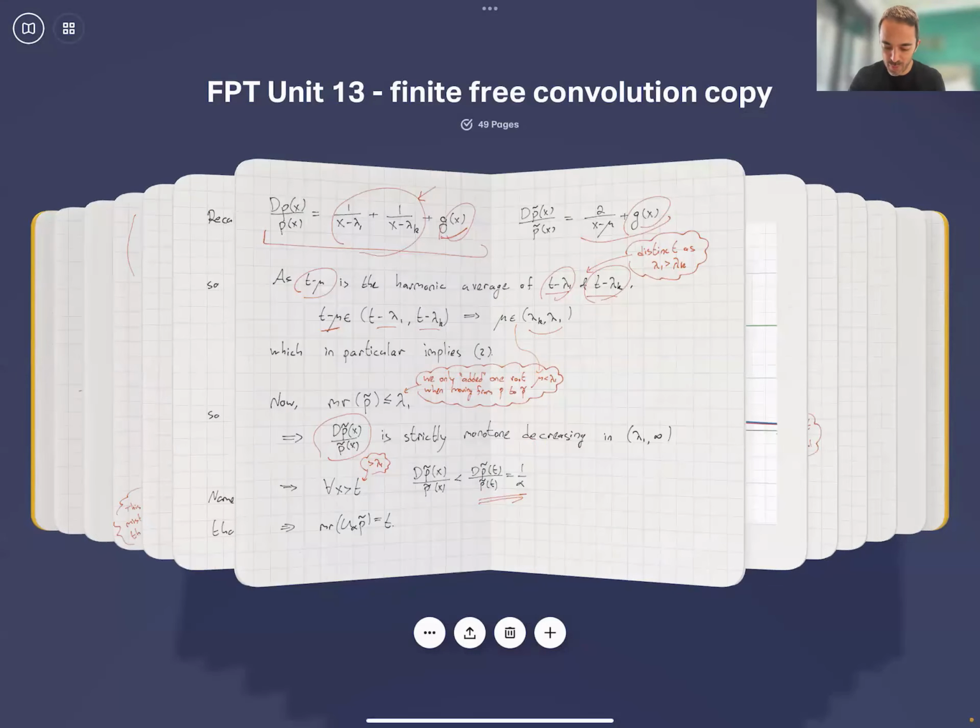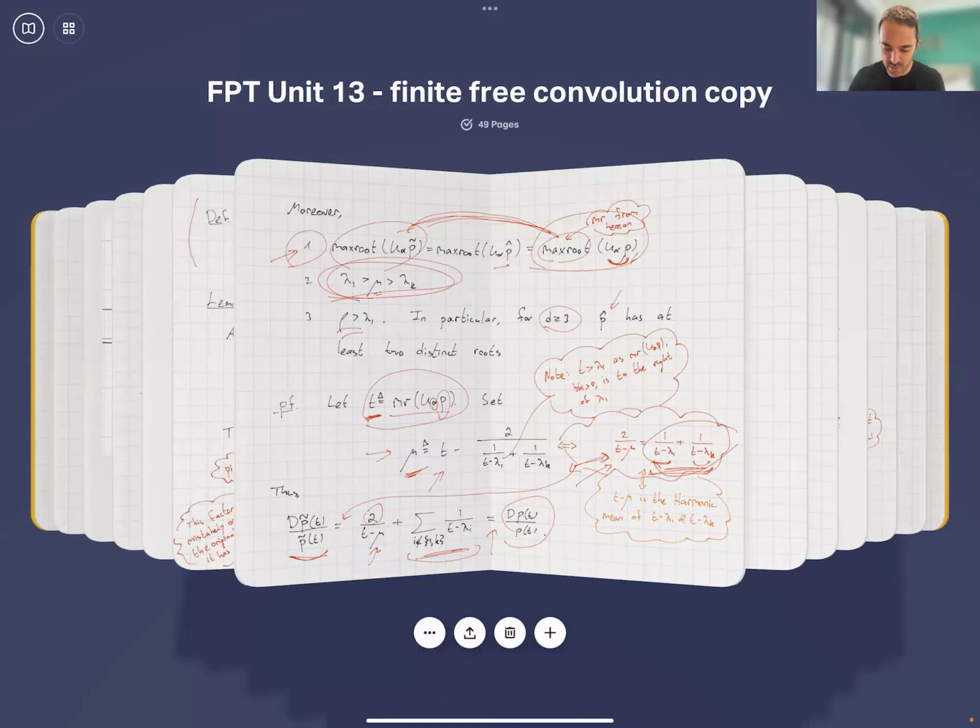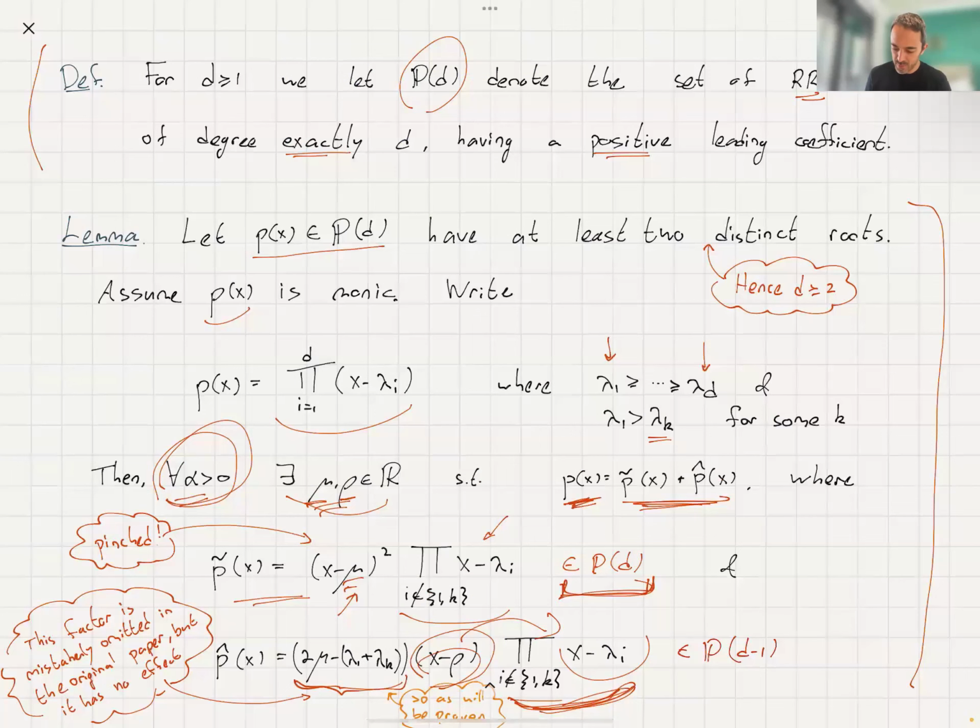Because all other roots of p hat are common to the roots of p. All of them are at most lambda 1. T is strictly larger than lambda 1. So the only problematic root is potentially rho. So we need to make sure that also rho is not larger than t.